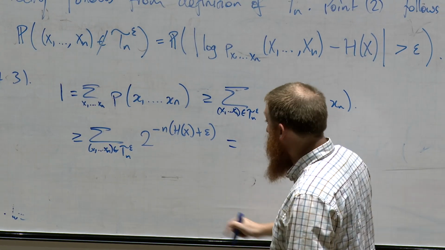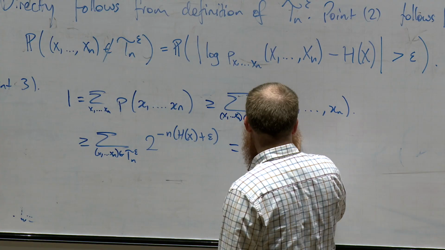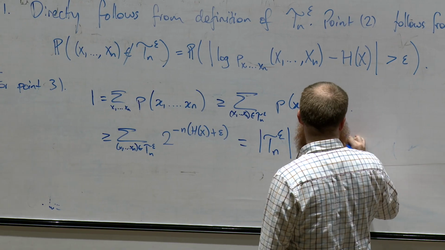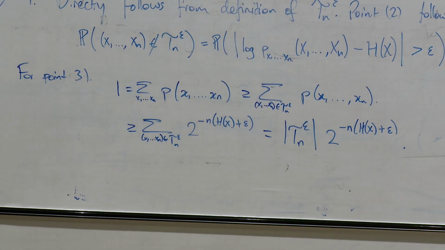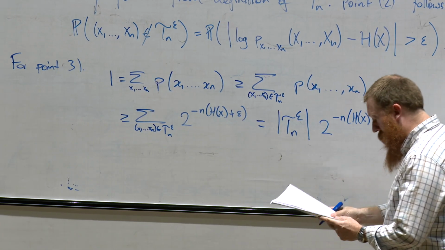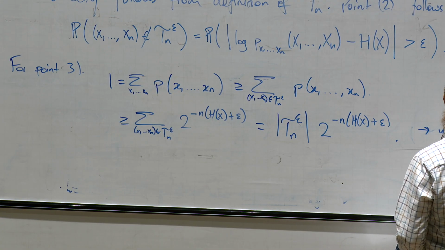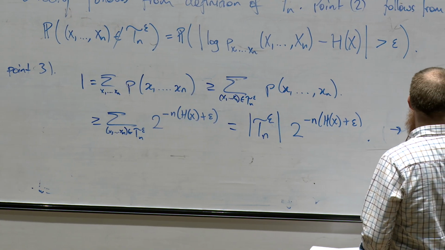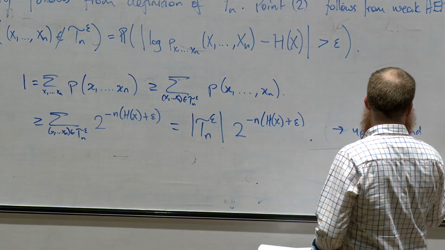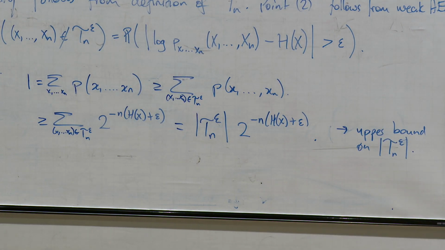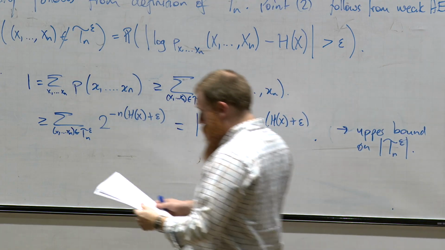So how many of these are there? Well, there's precisely the size of T epsilon n of them times 2 to the minus n (H of X plus epsilon). So now you rearrange this and you get the upper bound on the size of T epsilon n. Because I just divide through by this. There we are. So that gives me my upper bound. I know that there's at most this many typical sequences. On the other hand, I can prove there's at least that many.